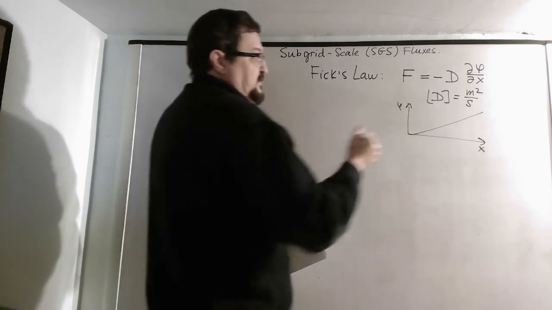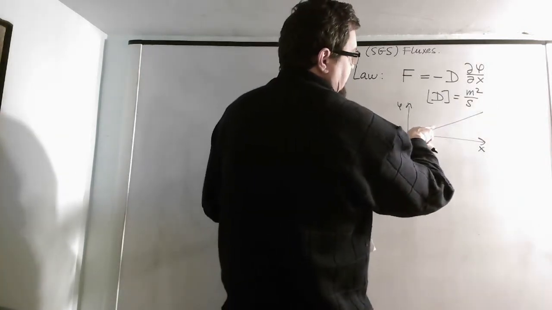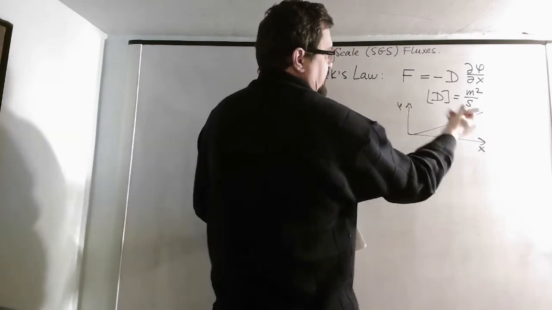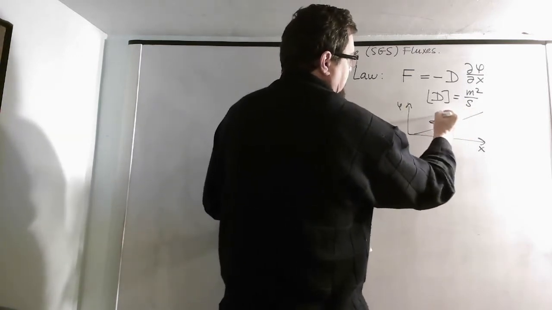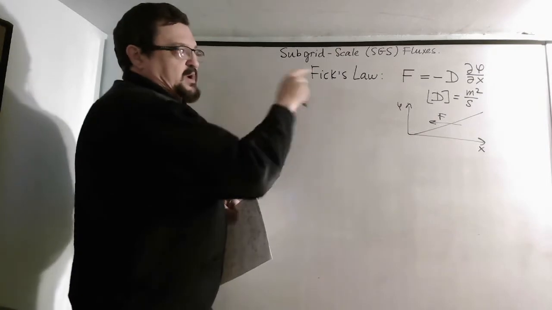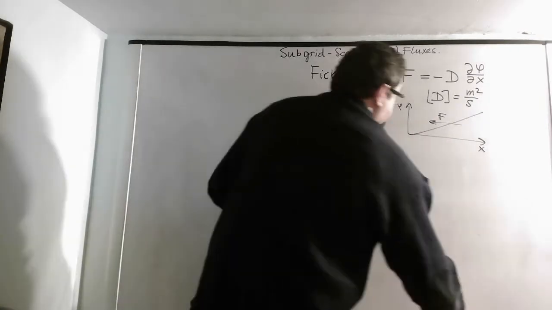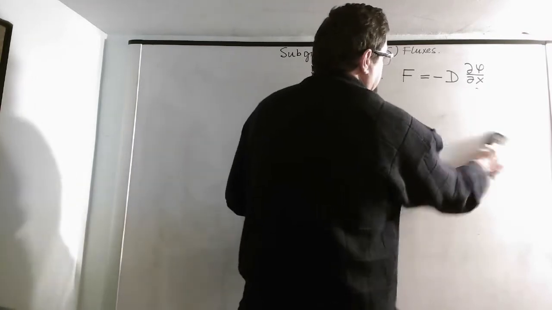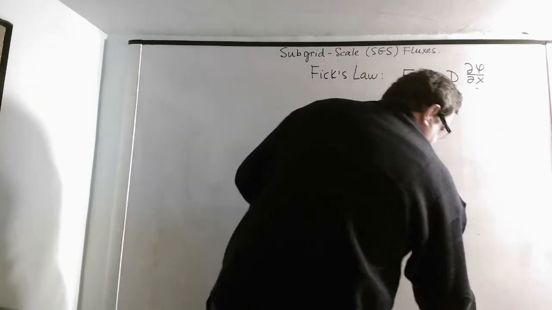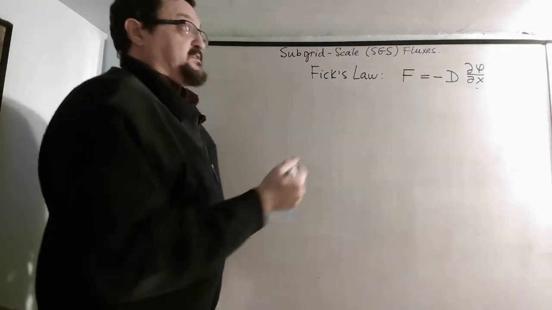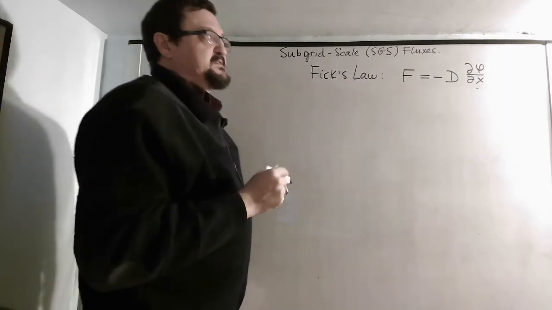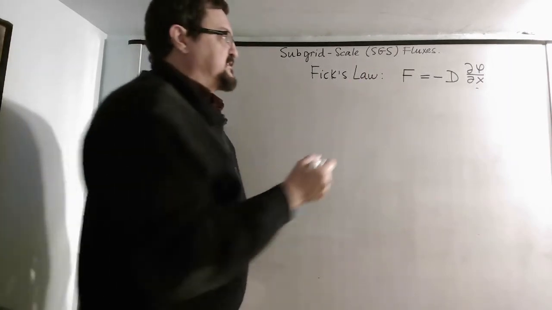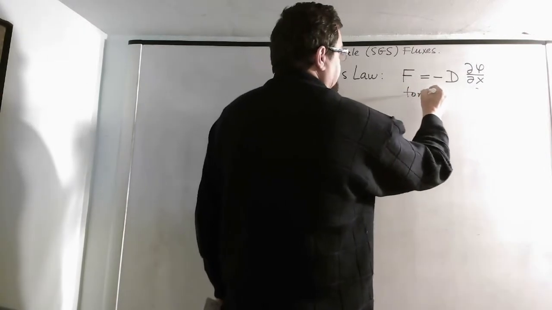So dphi/dx for this line is positive, so the flux should go in this direction. That's why we have this minus sign. Okay, so Fick's law is perfectly fine for scalars.